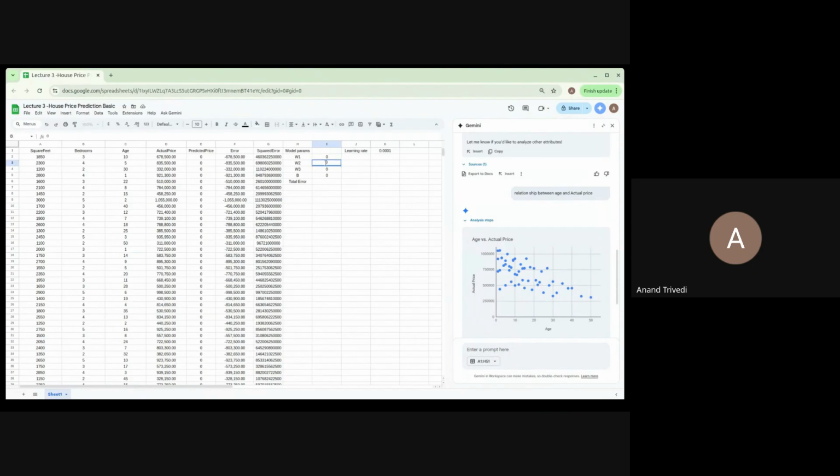Based on the predicted price, the error will be there, and then from this error this weight will be updated. So basically what I have done is automate this whole process so that step by step all of this gets automated, right? I have just added a small loop script. Now, please do not get confused.